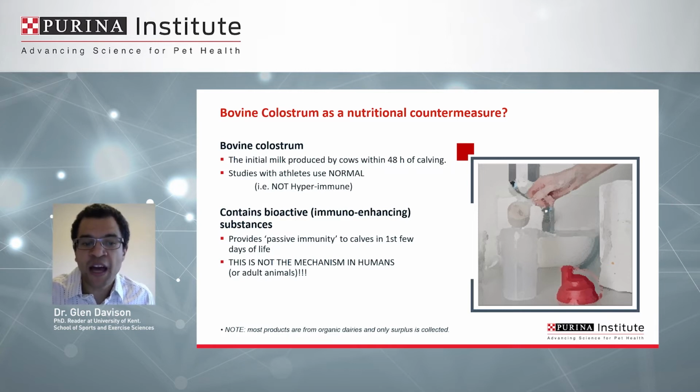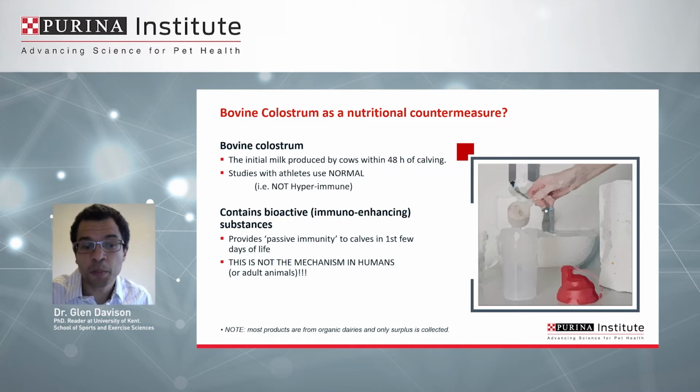However, that pathway simply isn't open in an adult mammal, and therefore, when we're talking about adults or more mature animals consuming bovine colostrum, we really need to be clear that it is not this pathway that is being investigated, and it is not this pathway that is responsible for any of the beneficial effects that we might see when we're talking about colostrum feeding to older animals.